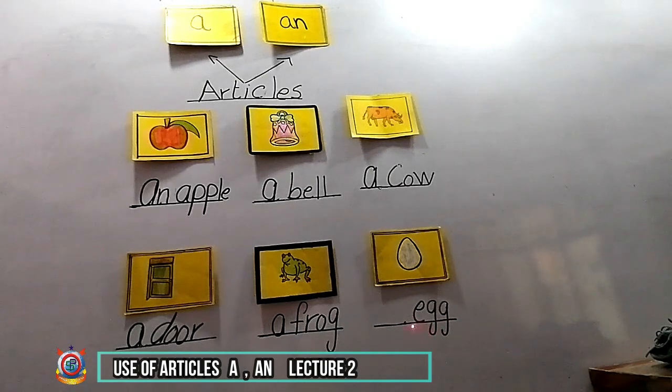Okay, what is the starting letter? The starting letter is E. Well done. Okay. Think about it. What did we write here with an egg? Which one article? Did I write a?